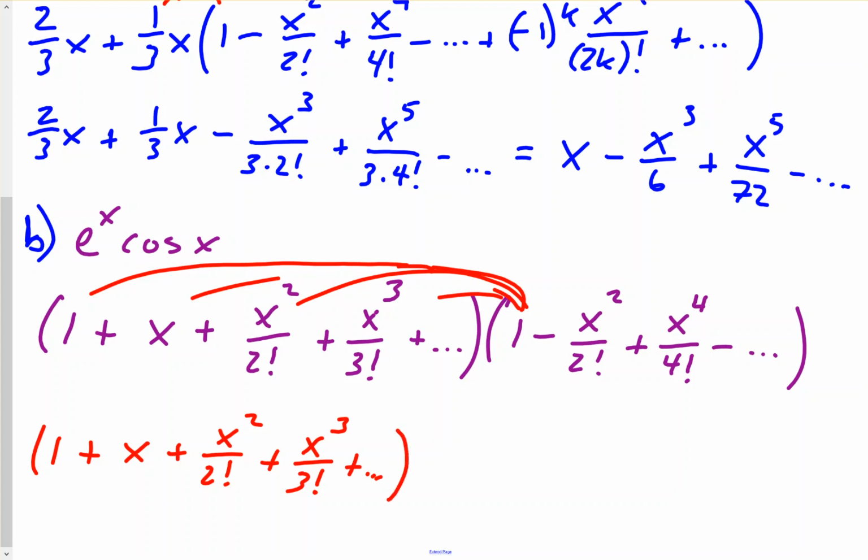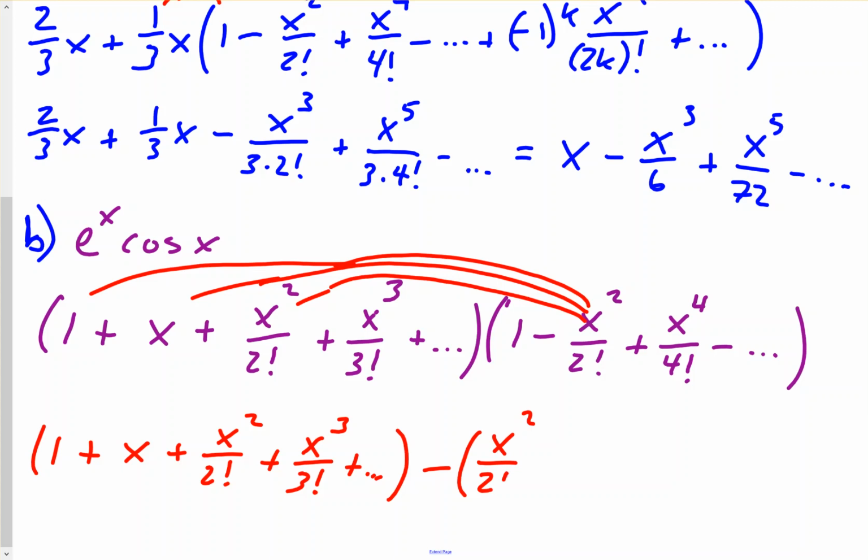Okay, next I'm going to multiply everything by negative x squared over 2 factorial. So now we're going to go like this. Because these are all going to be negatives, let's put a minus here. So now we have x squared over 2 factorial times 1. Okay, and then next we have x cubed, because x squared times x, that'll be x cubed over 2 factorial.